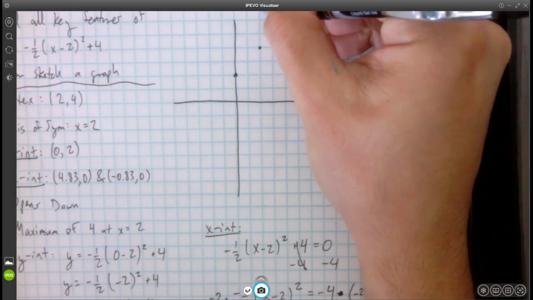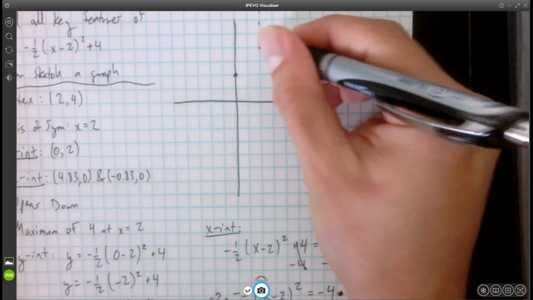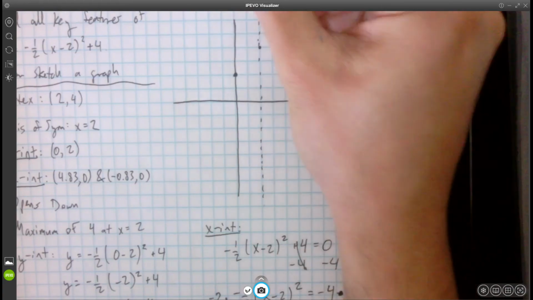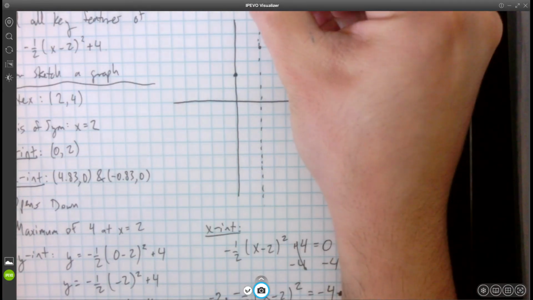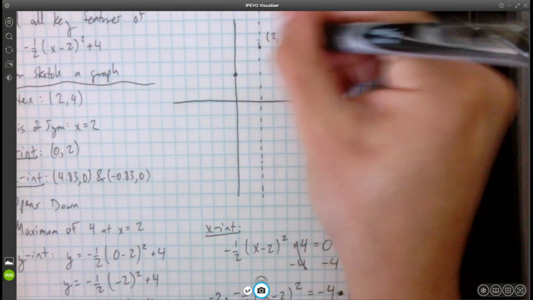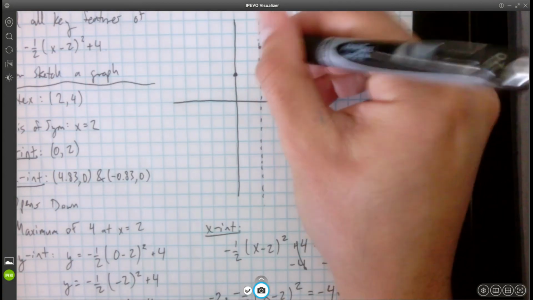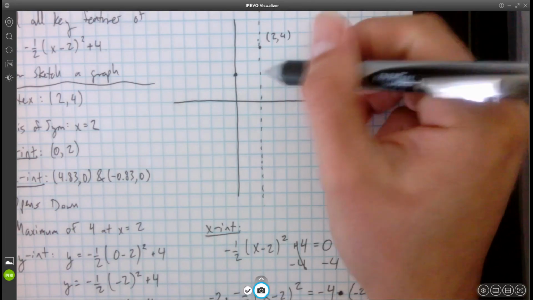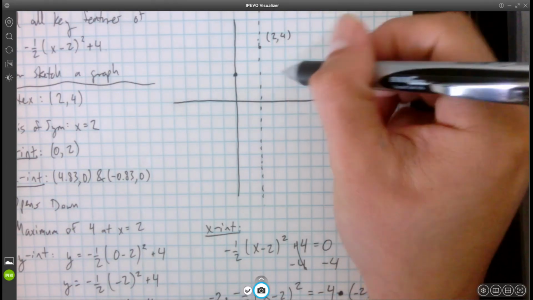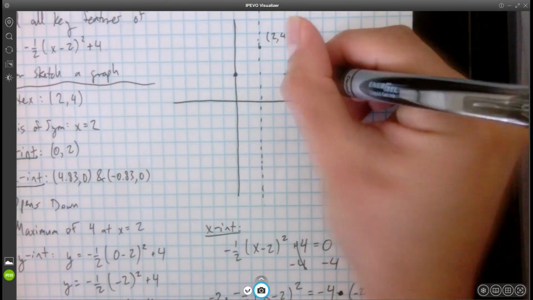My axis of symmetry is right here, and I'm going to label it x equals 2. My vertex is (2, 4). Since this is symmetrical, and the y-intercept is 2 units from my axis of symmetry, I'm going to put a matching point right here.